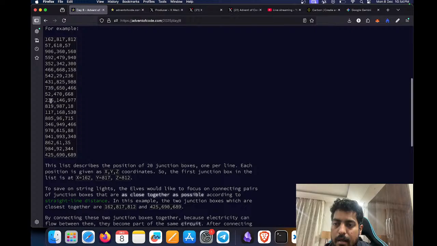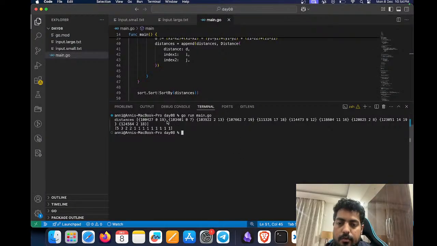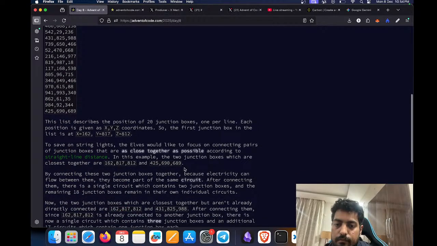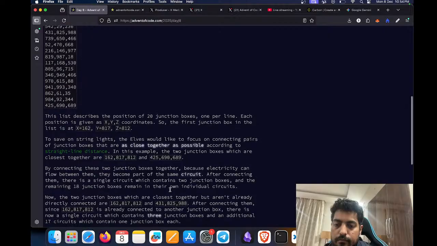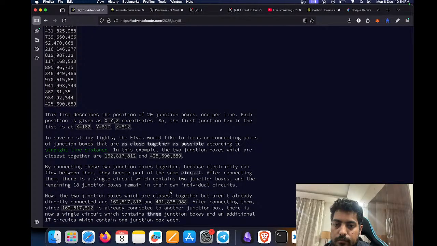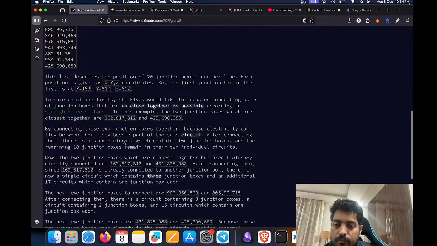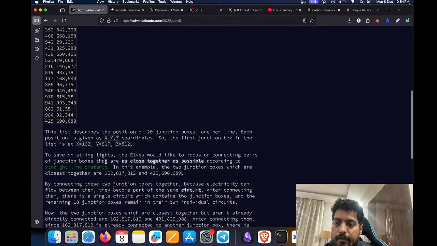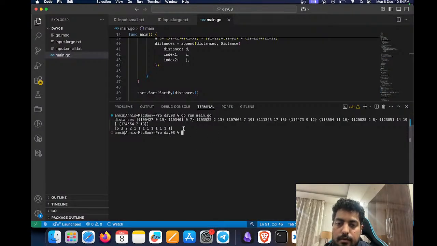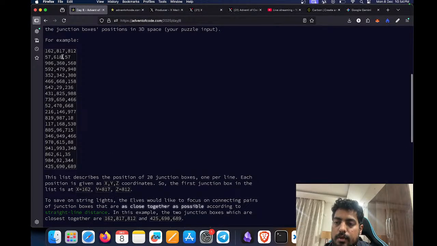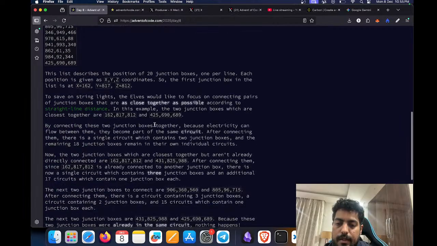Okay, which is correct, 0 and 19. Now the two junction boxes which are closest together are 162 and 431. So is it 0 and 7? 162, 0, 1, 2, 3, 4, 5, 6, 7 and 431, which is again correct.